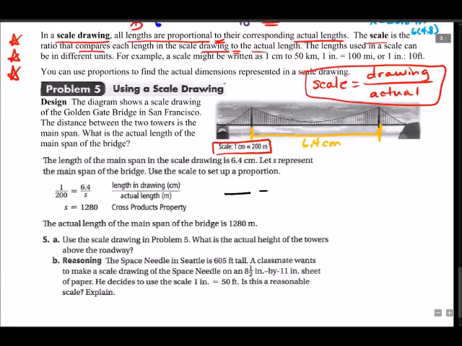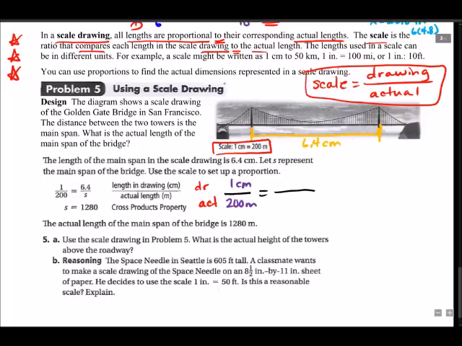We simply set up a proportion, and the drawing goes on top and the actual goes on the bottom. So what do we know? We know 1 centimeter is to 200 meters.